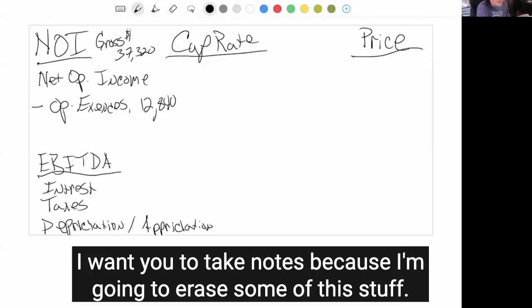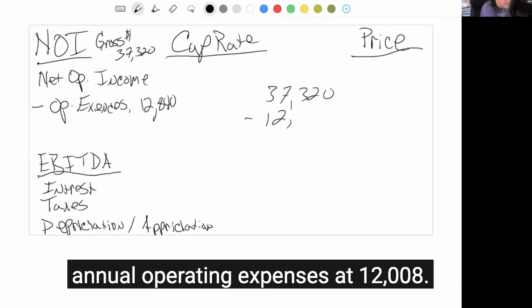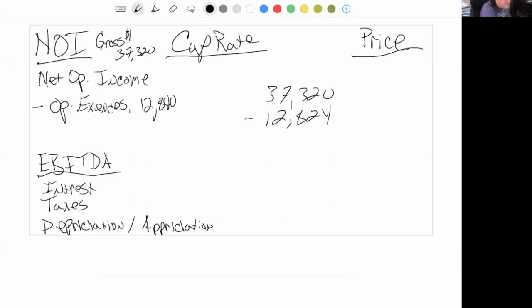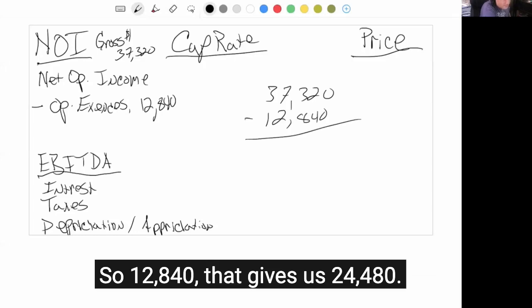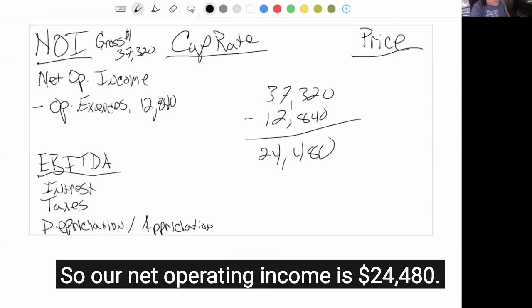I want you to take notes because I'm going to erase some of this stuff. We'll take our gross of $37,320 and subtract the annual operating expenses at $12,840. That gives us $24,480. So our net operating income is $24,480.